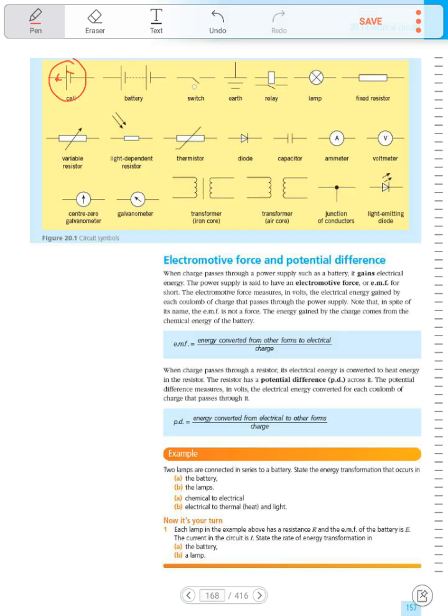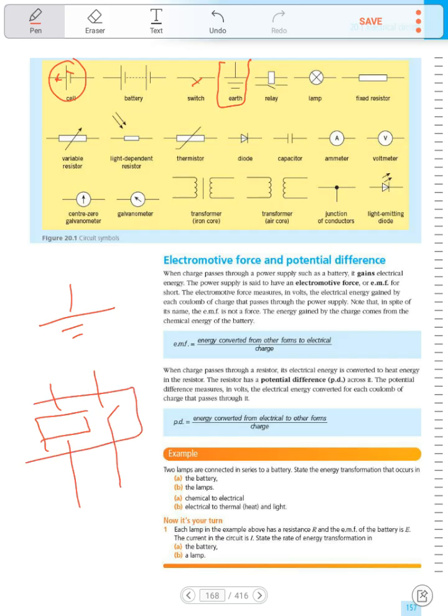This is the switch. This is an open switch. In this way it's closed. This is the symbol of earth. It is just 3 lines or 4 lines. This is the relay. We use a relay to allow a small current to make a huge voltage pass through the other circuit, okay? It works as an electromagnetic switch.